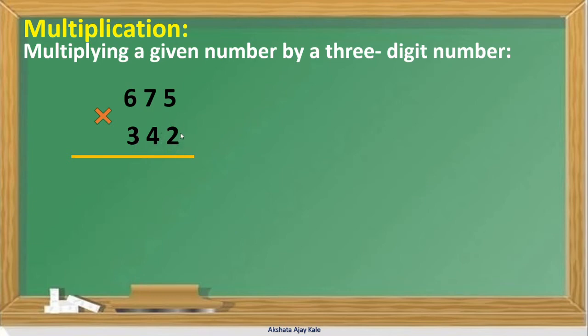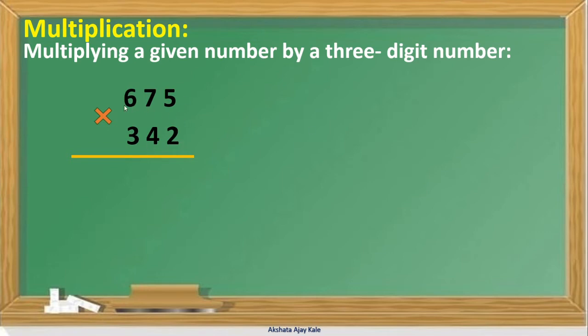Here 2 is in the unit place, 4 is in the tens place and 3 is in the hundreds place, right? And we are going to multiply 675 by these 3 digits. The place value is different, right?